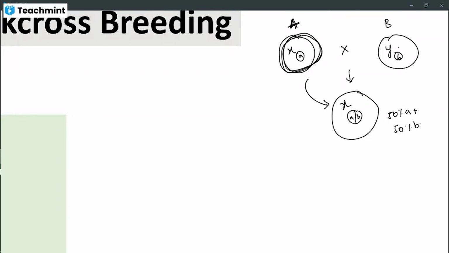Okay. So if you again perform a cross between this progeny, that is your F1, then let us write F1 into A as well as F1 into B.